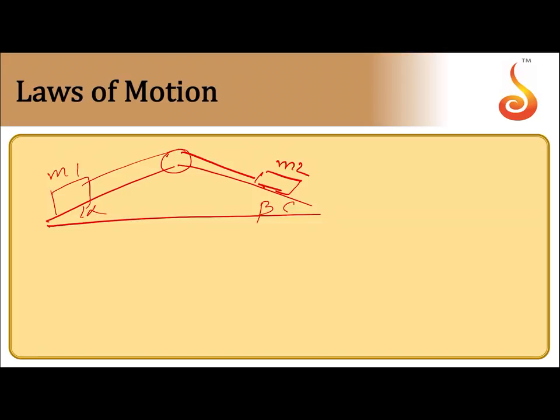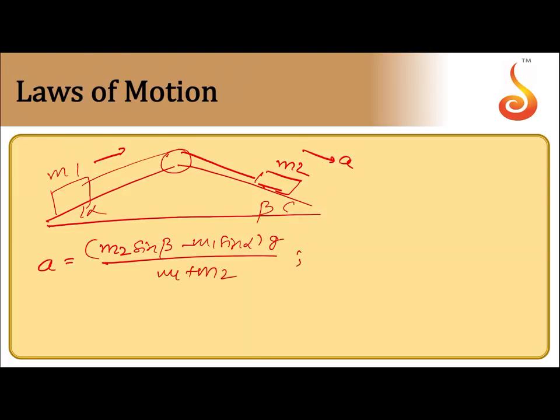Assuming the acceleration along this direction, then the acceleration turns out to be (m2 sin beta minus m1 sin alpha) into g whole divided by m1 plus m2, and the tension in the string is m1 m2 divided by m1 plus m2 into g (sin alpha plus sin beta).